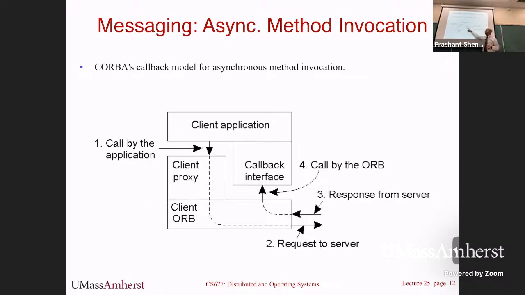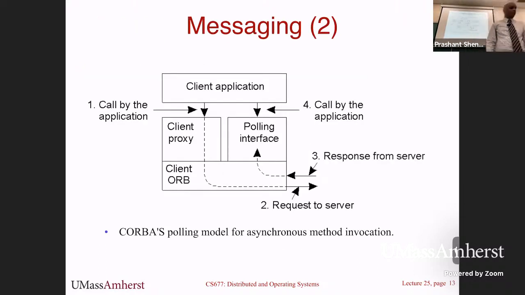When the reply eventually comes, because it's asynchronous, you go to the callback interface, you make a call here, and then the application is notified. So the callback is a way to notify the application that the reply to your asynchronous RPC has arrived.